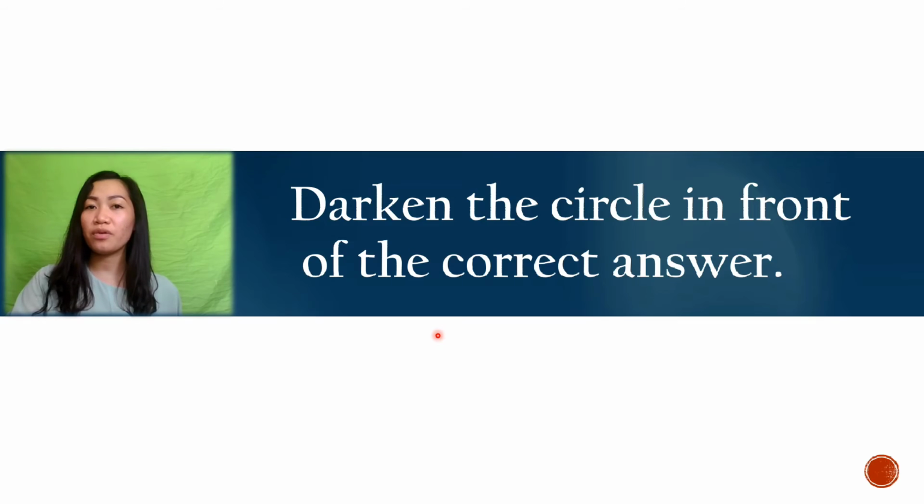But if you answer it in your notebook, you can also write the letters of the correct answer. Okay? If you don't have your book, then you may write your answer in the notebook.